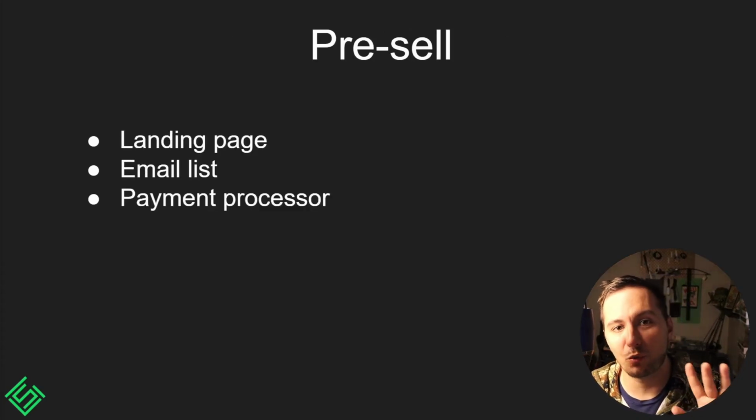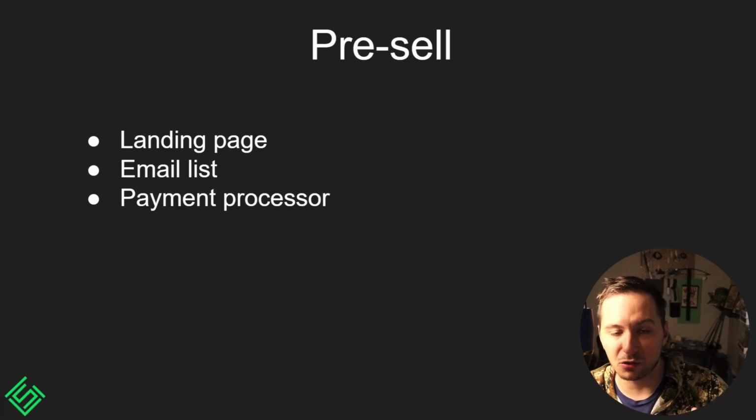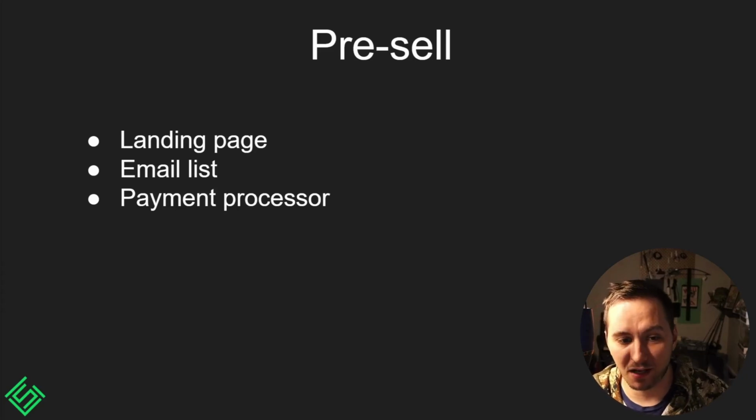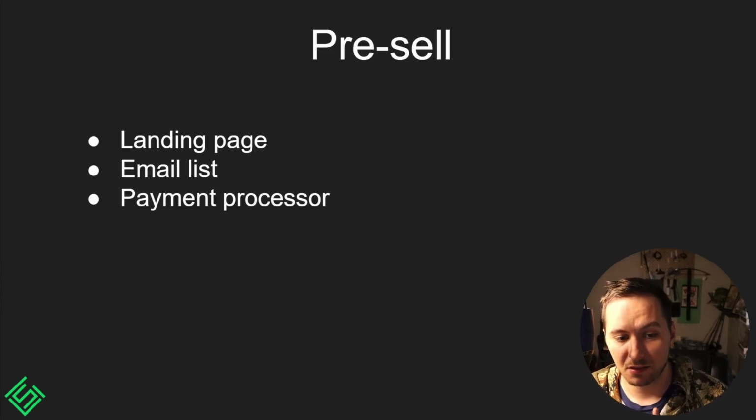Anyways, for your pre-sell, what you want to have is just one single page on your website, your landing page. On this landing page, all you're going to be doing is asking people to join an email list, with a little section to ask people for their payment.